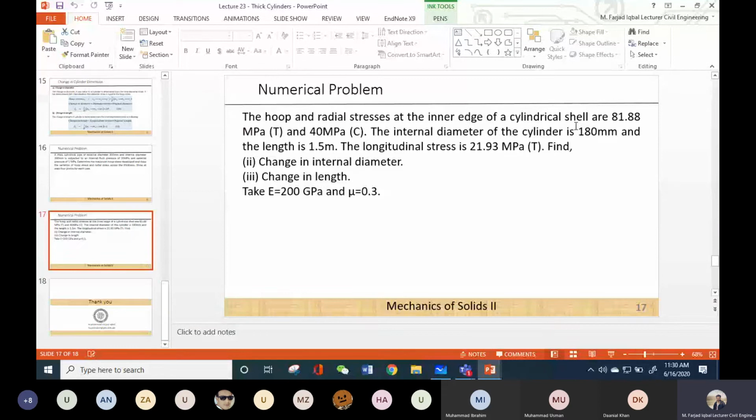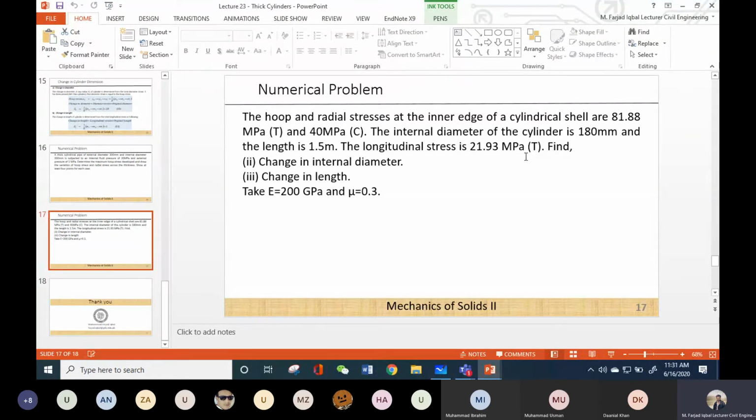The hoop stress is 81 megapascal tensile, obviously, and the radial stress is 40 megapascal compressive. The internal diameter of the cylinder is 180 millimeters and the length is 1.5 meters. And the longitudinal stress is 21.93 megapascal.